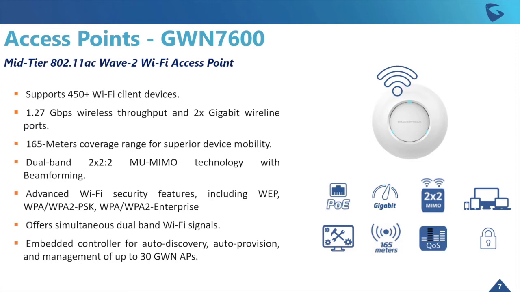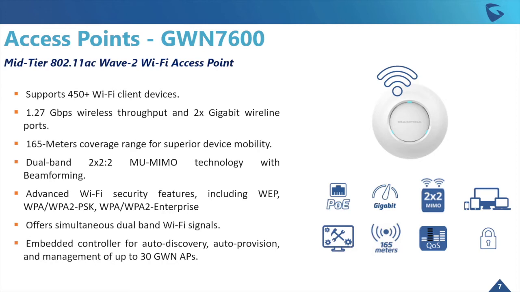Single-user MIMO, which was introduced in the 802.11n standard, allows the access point to use multiple streams for transmission depending on the available number of antennas. For example, GWN 7610, which uses single-user MIMO technology, has 3 antennas with 3 spatial streams. If 3 wireless clients are connected, GWN 7610 can dedicate 1 stream to each client.